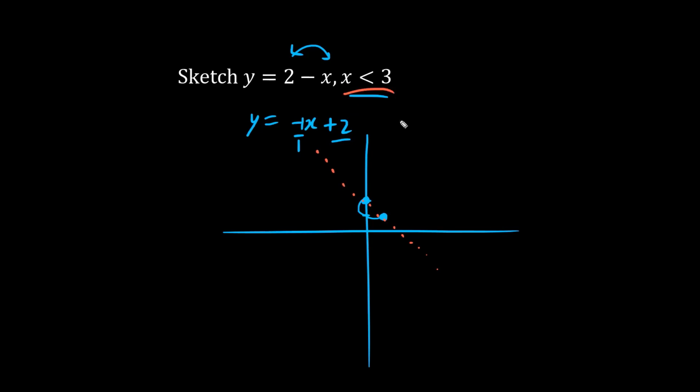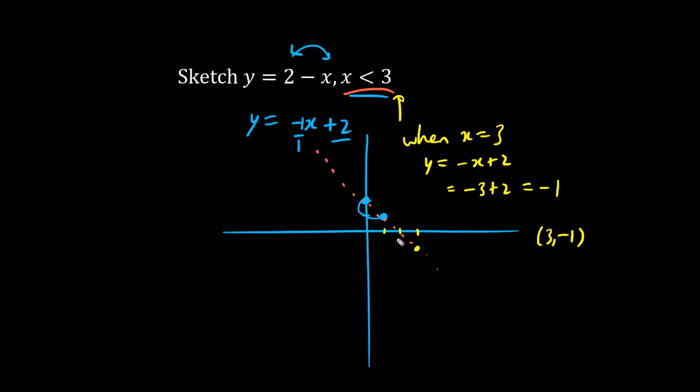So we have a critical point. When x equals 3, what is y? y equals negative x plus 2, or negative 3 plus 2, which is negative 1. So we have 1, 2, 3. 3 comma negative 1 is a critical point. 3 comma negative 1 is where the graph begins.